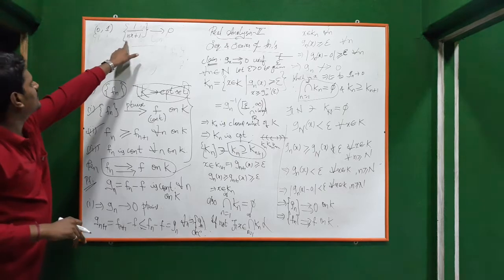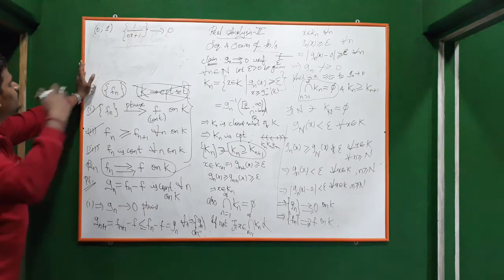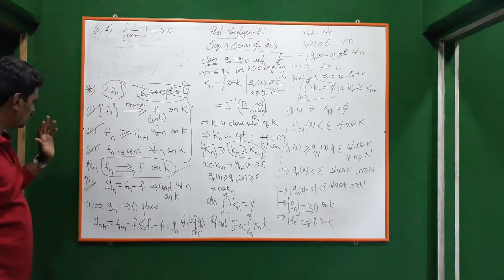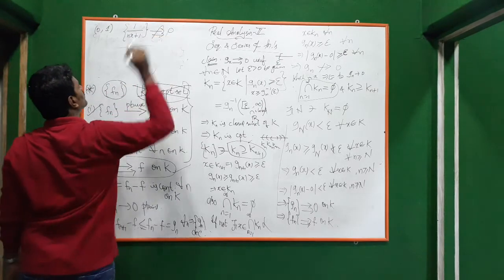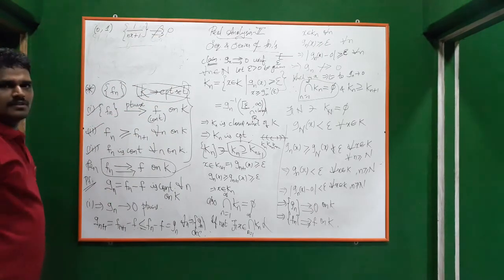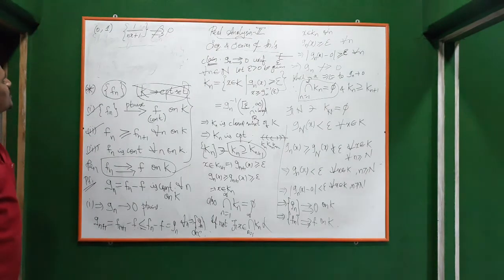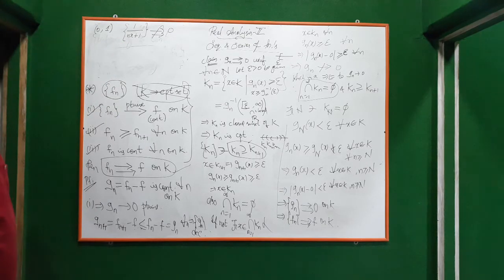Take the denominator, that will be less than or equal to, and if you take the reciprocal, greater than or equal to. And each of these is continuous, that is also there, but this doesn't converge uniformly to 0. That we have proved in uniform convergence: this sequence of functions doesn't converge uniformly to 0.